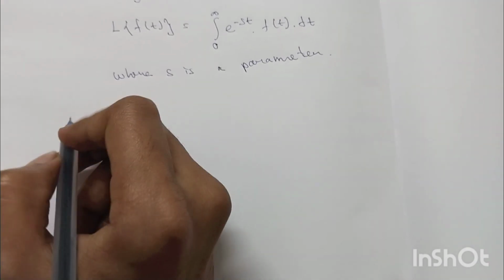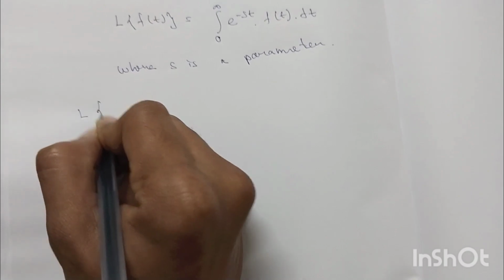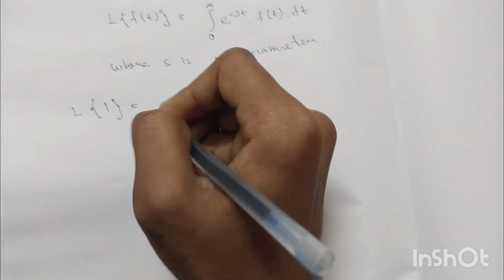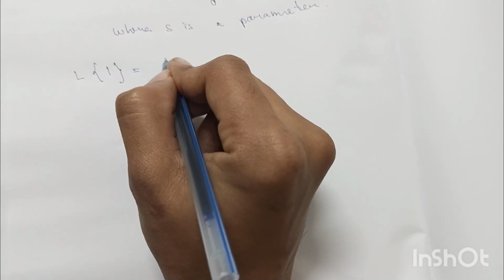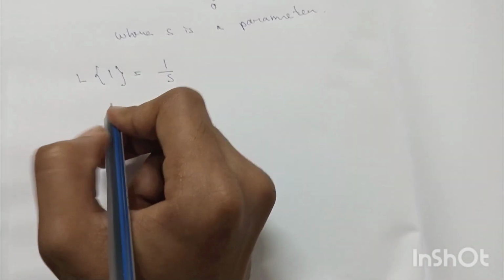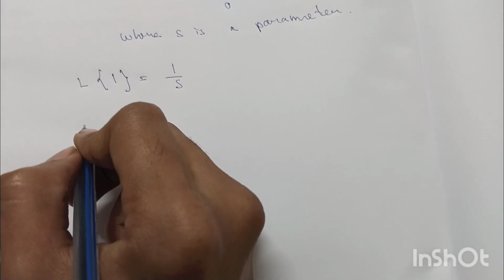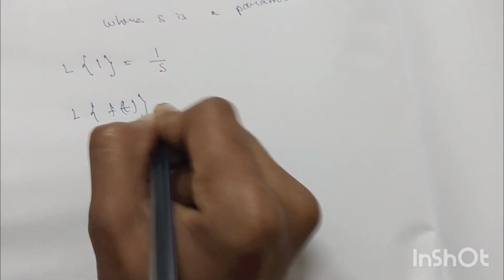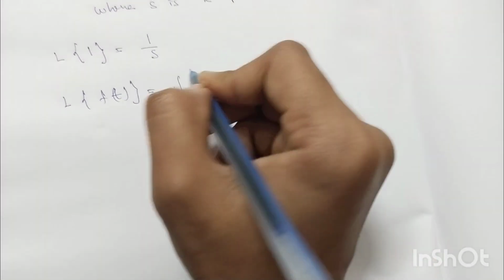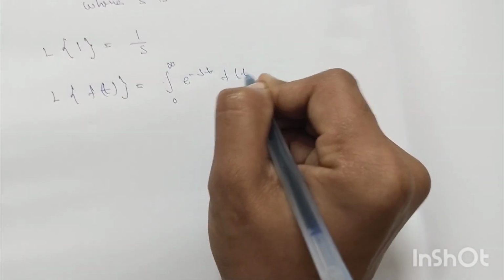by s. So at first we are given the Laplace transform of 1. So we are going to prove Laplace transform of 1 equal to 1 by s. So we know the general Laplace transform formula is Laplace transform of f of t is equal to integration of limit from 0 to infinity e to the power minus st into f of t into dt.